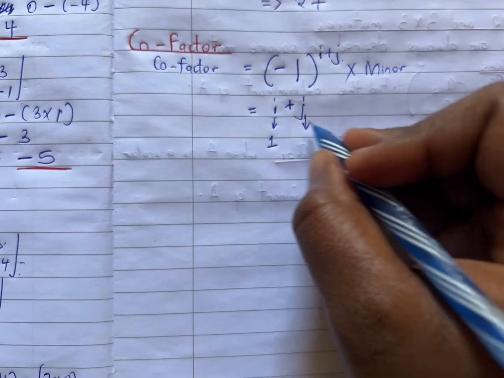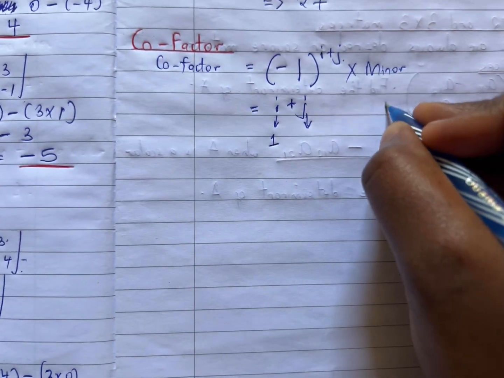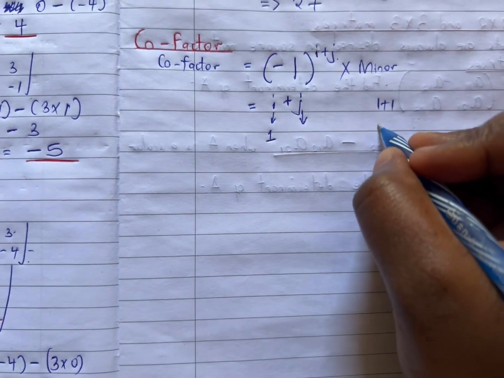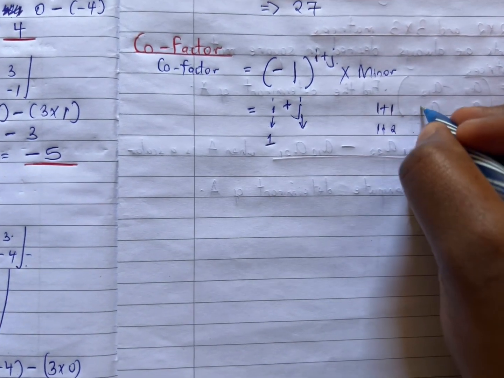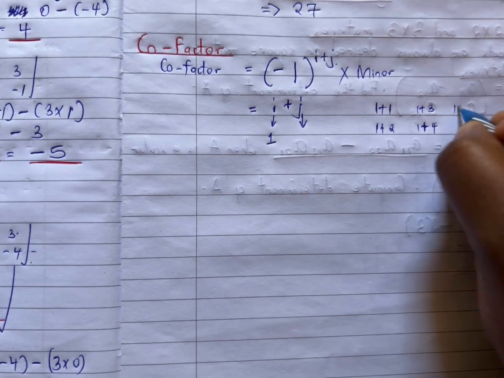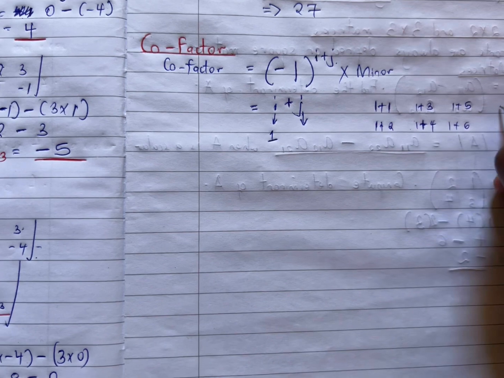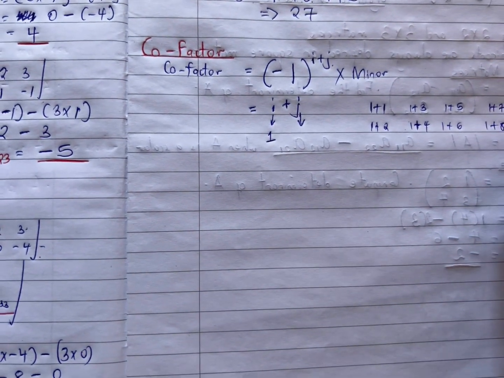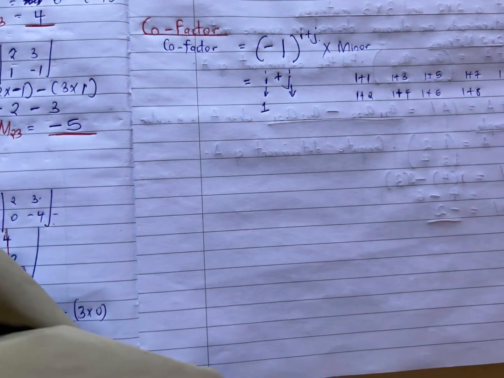What I mean here is that you're going to have 1 plus 1 for M11, then 1 plus 2 for M12, 1 plus 3 for M13, that is i plus j of each, up to 1 plus 9, which will be M33.